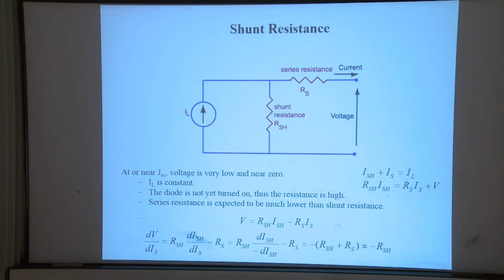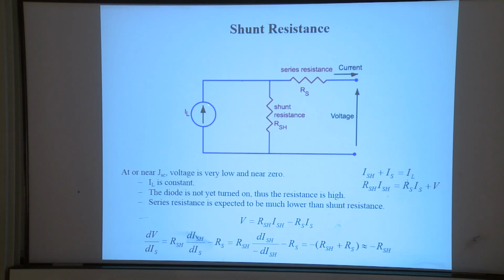So since there's no current, the diode is not activated. There will be no current flowing through the diode, so you can remove the diode. There's no effect of the diode at all because no current goes through it.